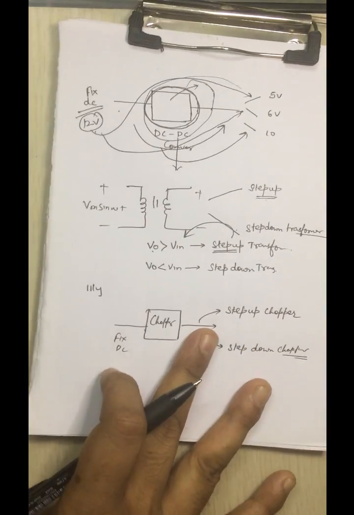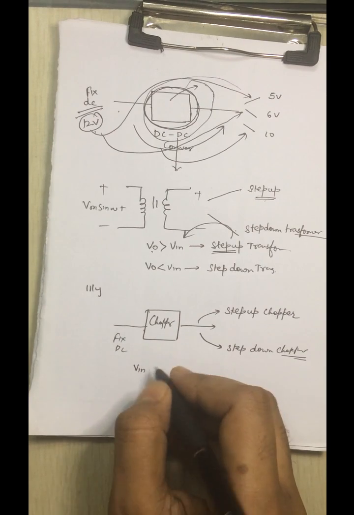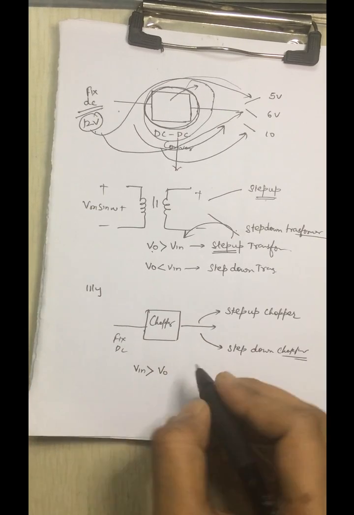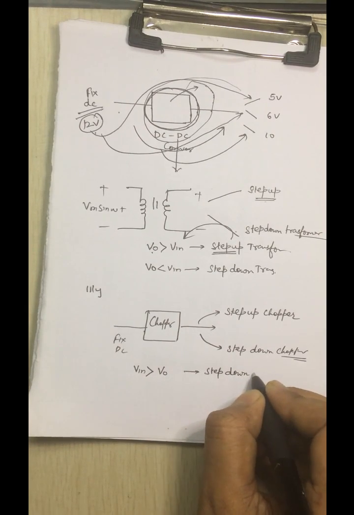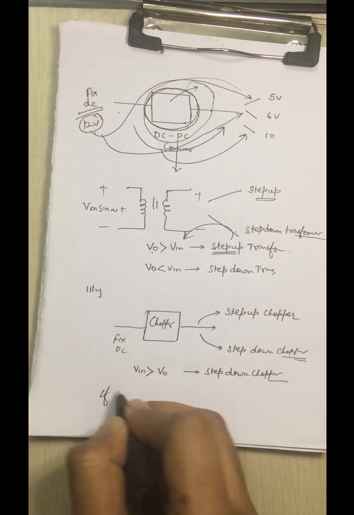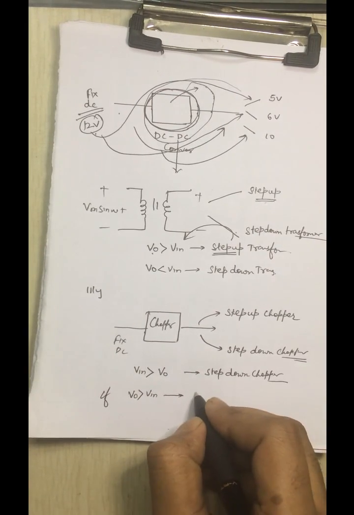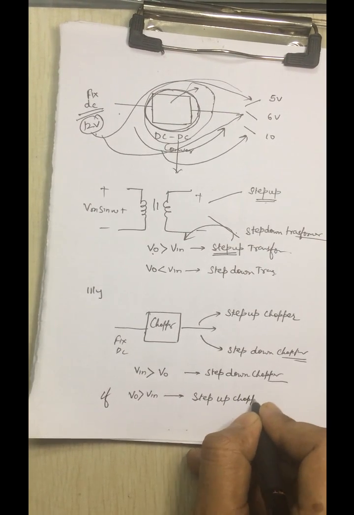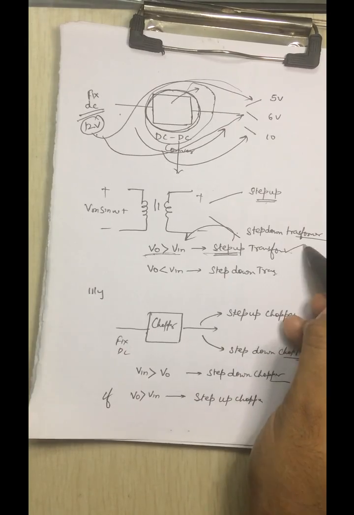If V input is greater than V output, then we can say that it is a step down chopper. And if V output is greater than V input, then we can say that it is a step up chopper. As we have seen in the case of the transformer also, if the output voltage is greater than the input voltage, then it is a step up transformer.